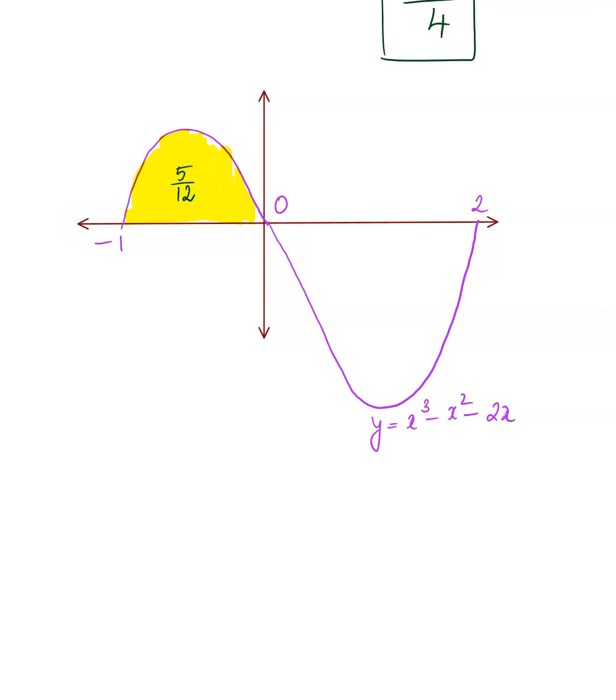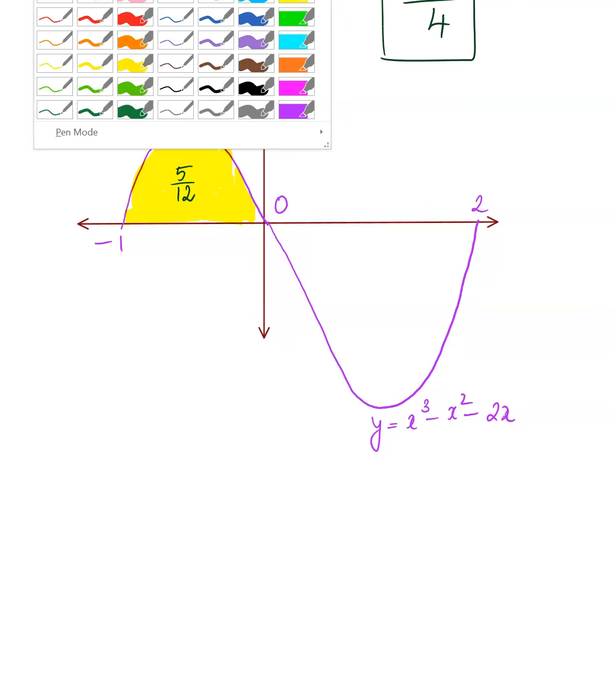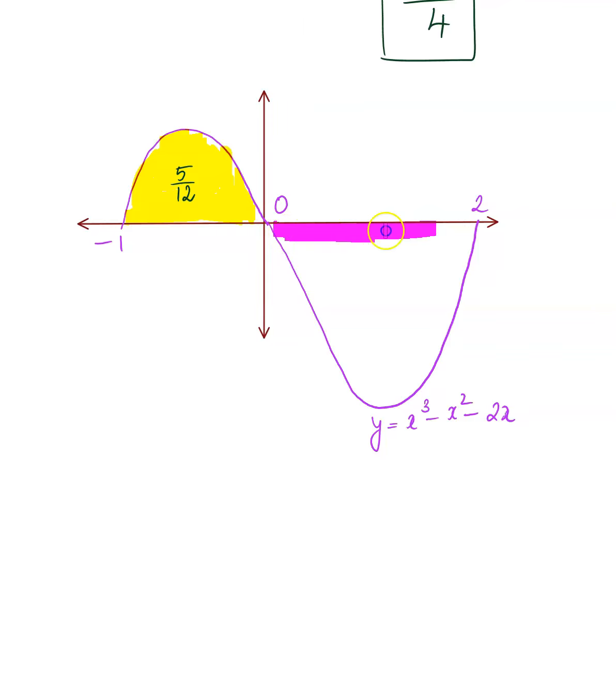And this region here was negative, and this region was negative 8/3, wasn't it? Negative 8/3.